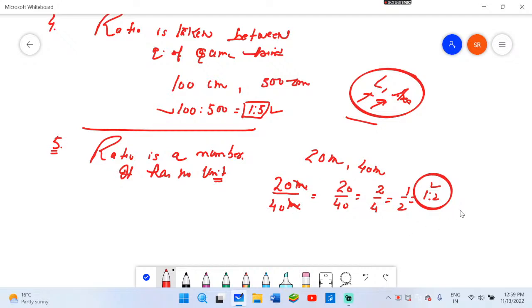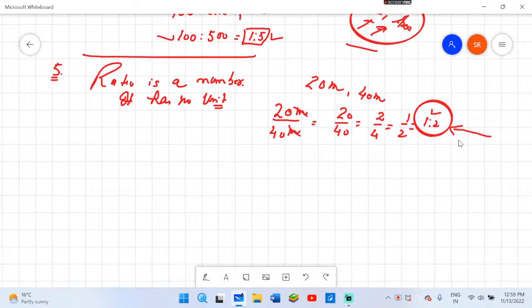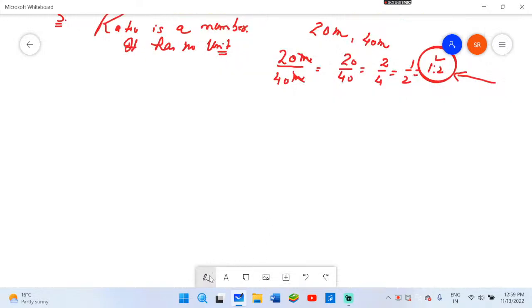Thereby we found that the resulting number has no unit. The ratio is a unitless quantity because the common unit gets cancelled.